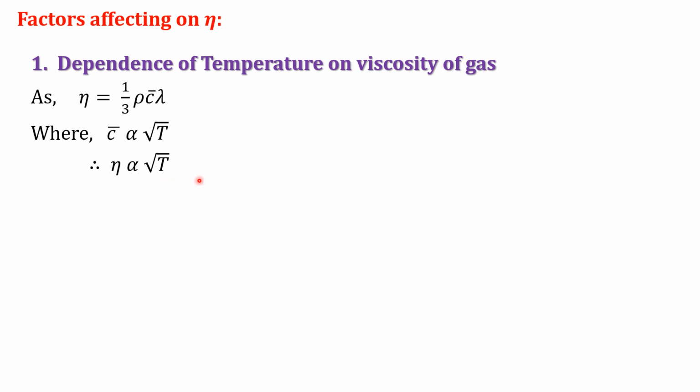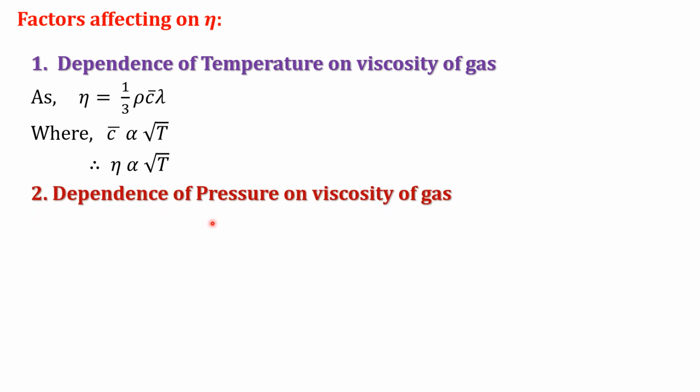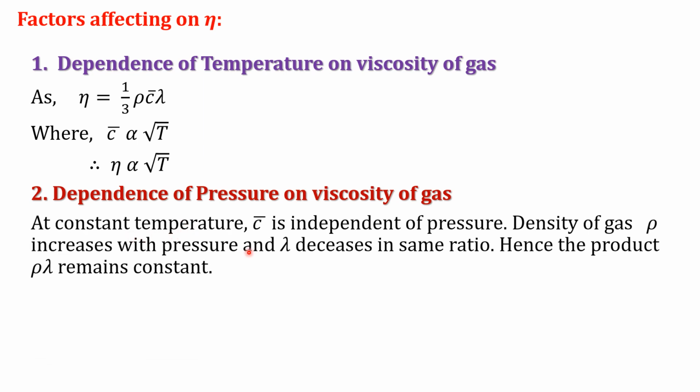Hence, the coefficient of viscosity varies linearly with the square root of absolute temperature. Second, how does pressure affect the viscosity of gas? That term we also explain here. At constant temperature, the average velocity of gas molecules is independent of pressure. What is the effect of pressure on the density of gas? The density of gas increases with pressure, but the mean free path decreases in the same ratio.